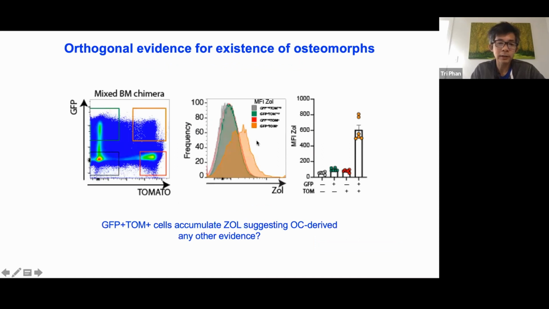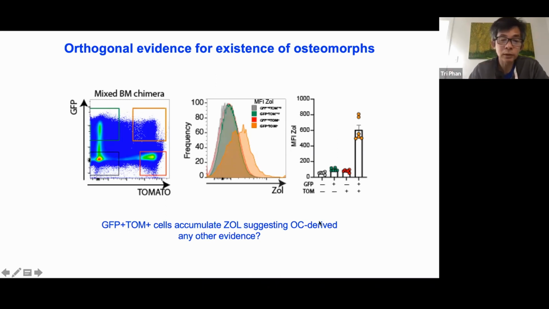Because they're fluorescent, and because we're immunologists, we can do flow cytometry. And this is showing that actually the double positive cells, so the double labeling that we use, are the cells that have accumulated this fluorescent bisphosphonate, zoledronic acid, indicating that they've derived from the osteoclast that's resorbed bone.